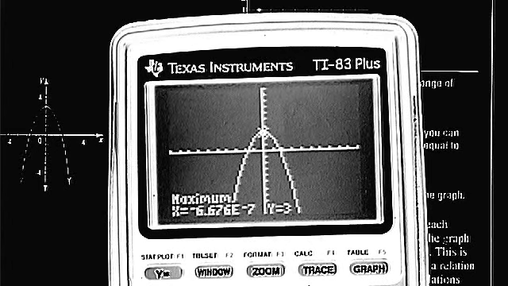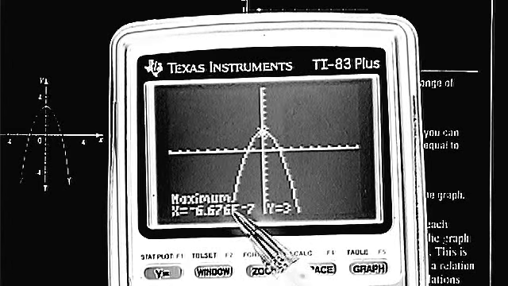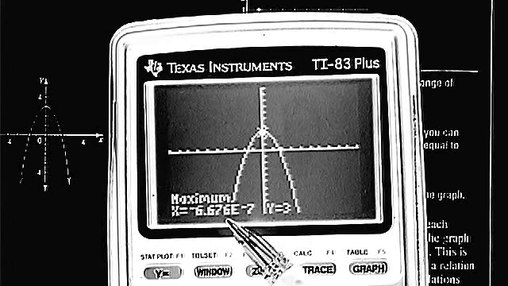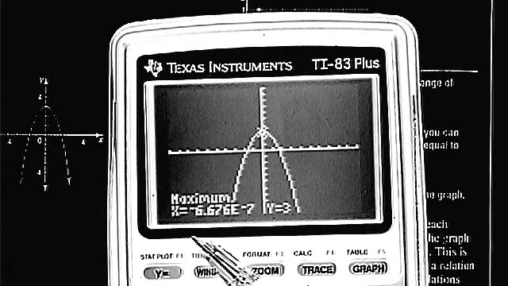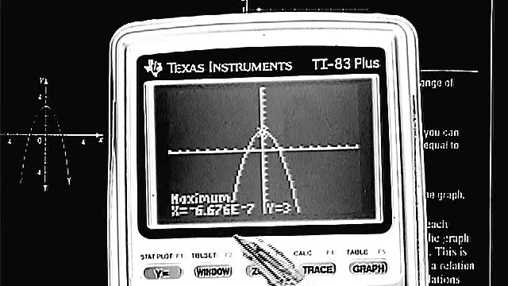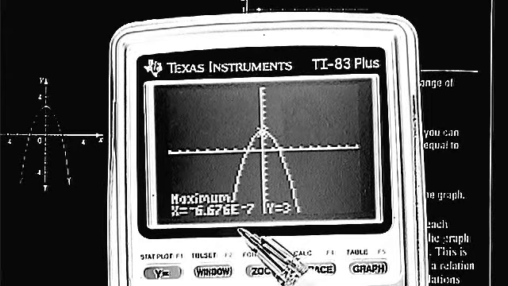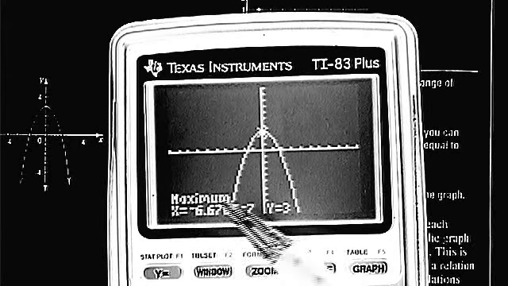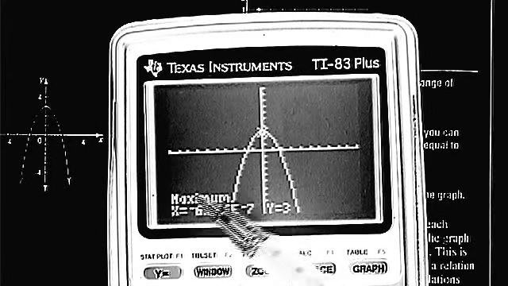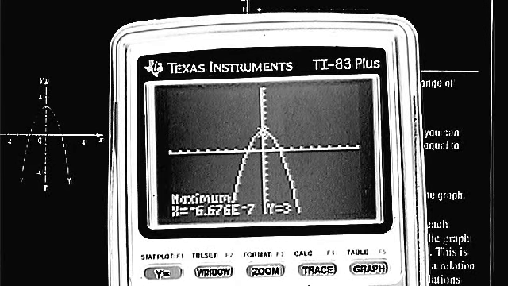Now I would like to point out something right here. This looks really bizarre. Look at that x value. It is, remember, scientific notation, 10 times e to the negative 7th. This is so close to 0, but the calculator doesn't realize it. So in using the maximum feature, sometimes you get slightly odd values like that.